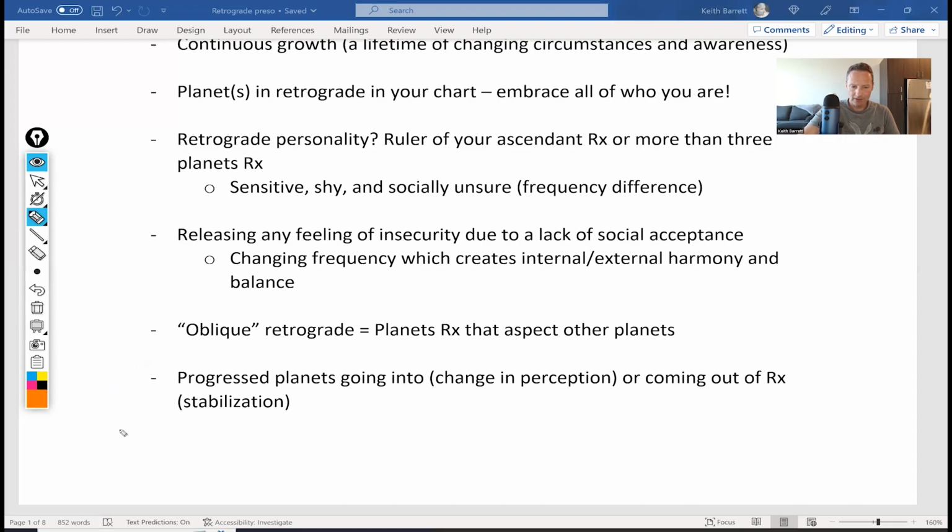And then I'll touch on this briefly. I'm probably going to do another video on this, if you're familiar with progressions or not. A progressed chart is a way of looking at your chart where you think of your natal chart, the time and place you were born. You took your first breath, your natal chart is created.